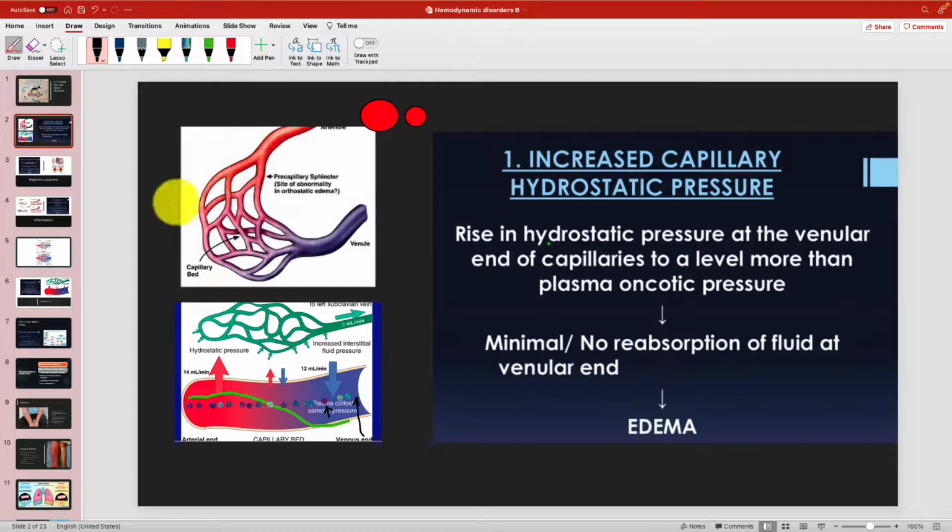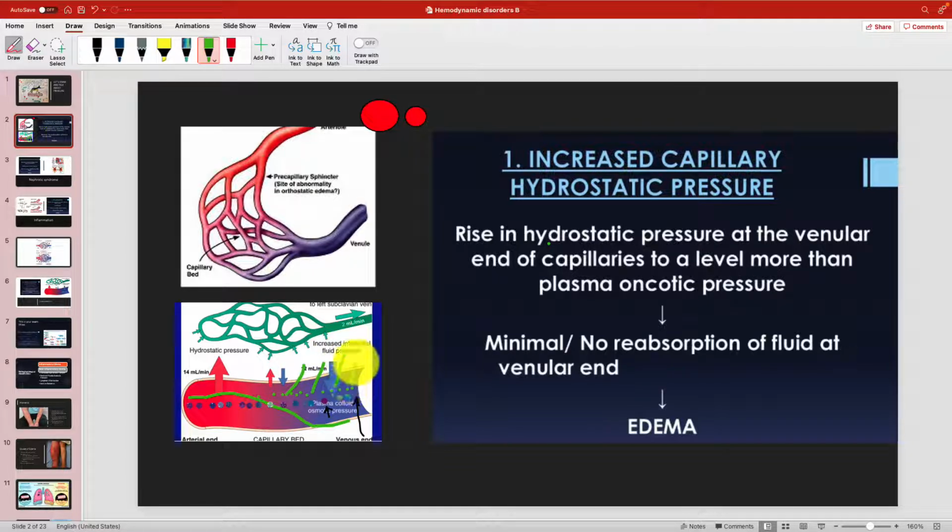But when we have a complication and that hydrostatic pressure doesn't dip here like it should, let's say it's maintained, and you can see now that it's maintained at a level that is higher than the oncotic pressure, so it's going to keep pushing things out, right?